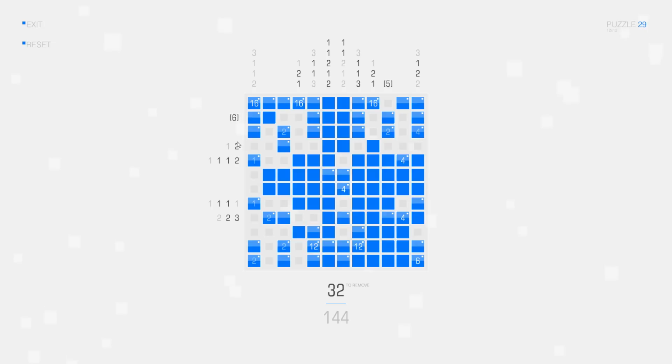So now if I look at this row, I need 2 connected squares, and they can only be positioned here, so I can delete this square. Now these 2 squares have to be separate squares according to these 2 column clues here, because I need 2 separate squares at the beginning of each of these columns, and I can only put 1 separate square here or here.